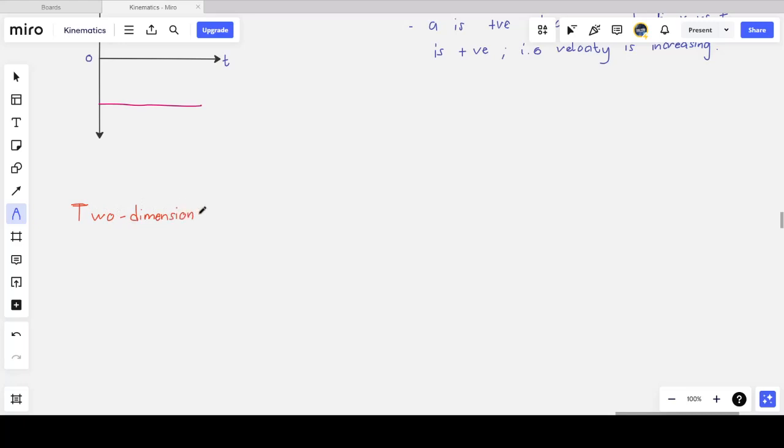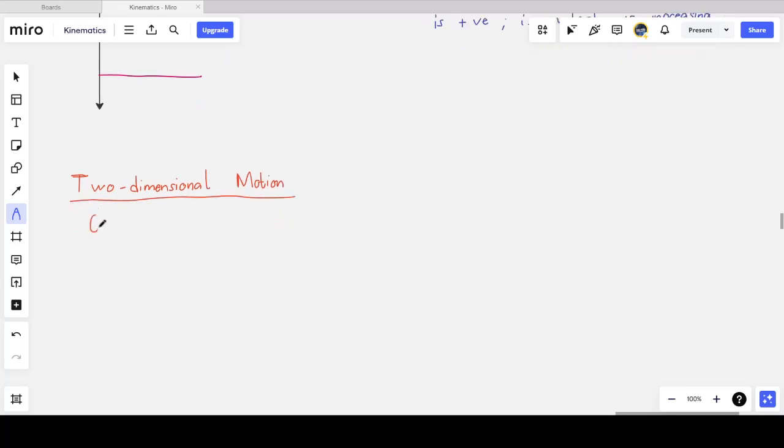Now, moving on from simple one-dimensional motion, which in most cases is not that complicated, to a situation where I have an object moving in 2 dimensions, which I can call two-dimensional or projectile motion. We generally deal with projectiles.